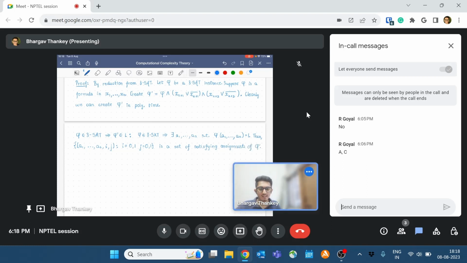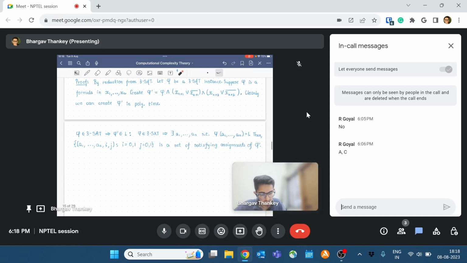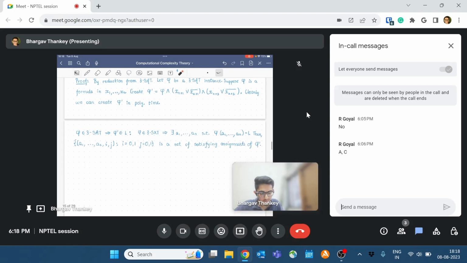We can pick any assignment a1 to an, and for xn plus 1 and xn plus 2 we can put 0 or 1, it doesn't matter, because this clause is always true, right? In this way we can convert one assignment for phi into four assignments for phi prime.